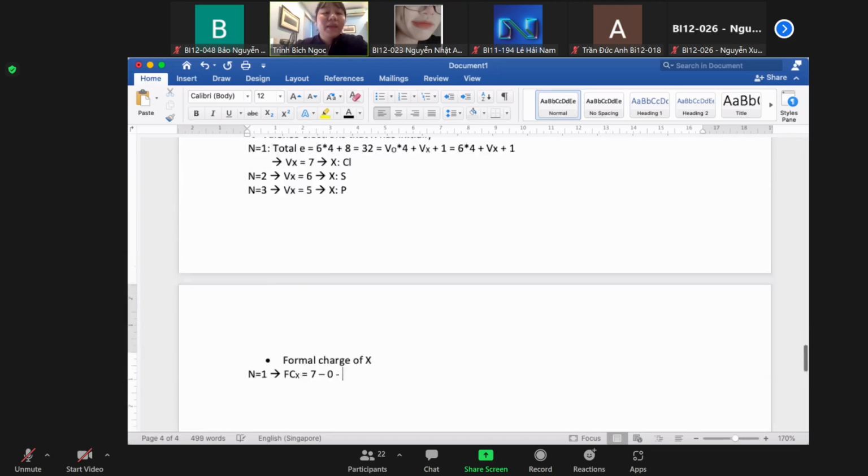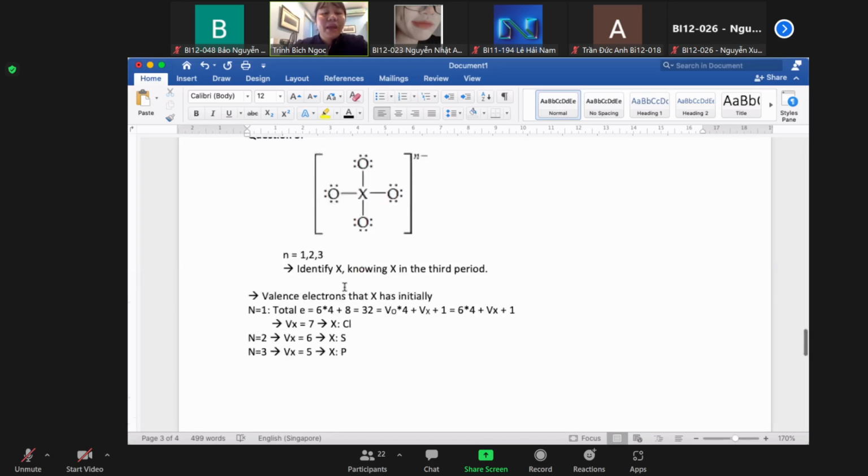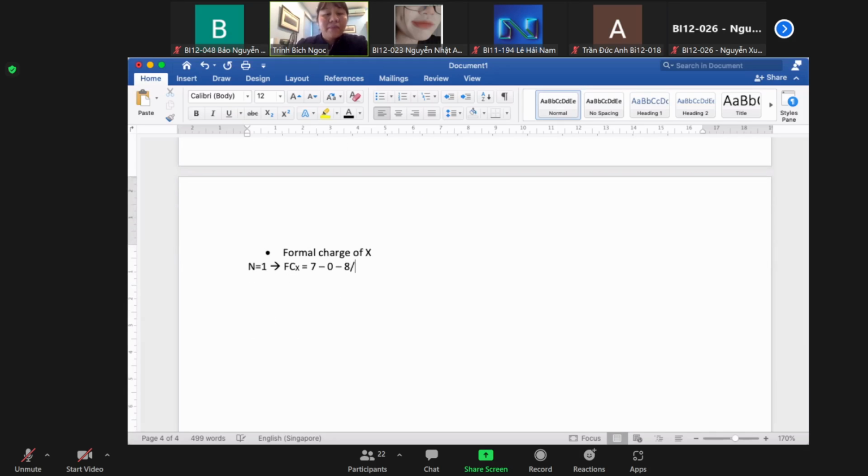Okay. And the bonding, how many bonds are there around X? There are 4. Each bond is 2 electrons. So how many bonding electrons are there around X? 8, divided by 2.